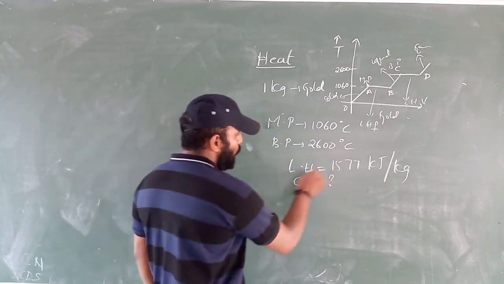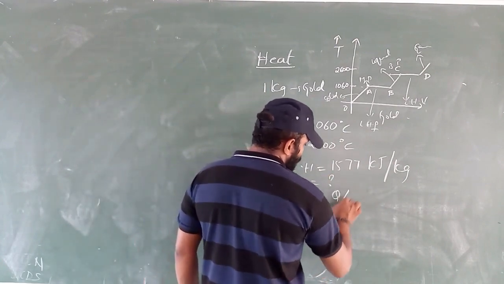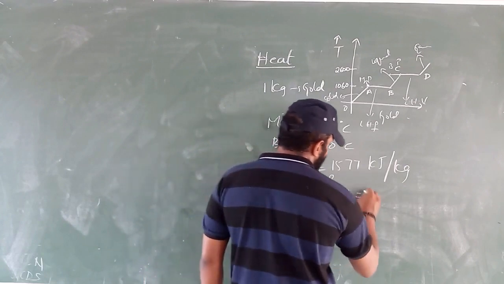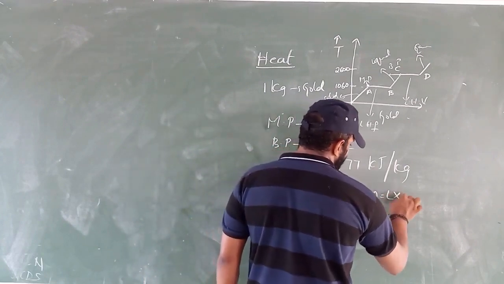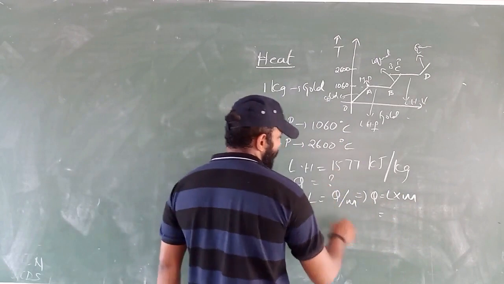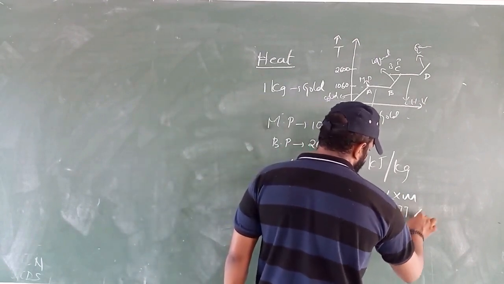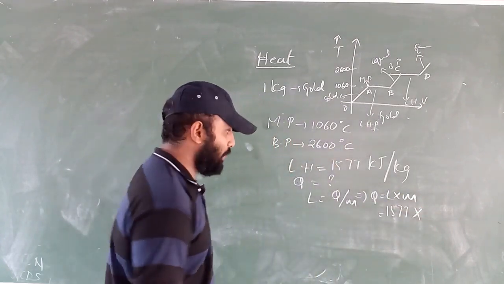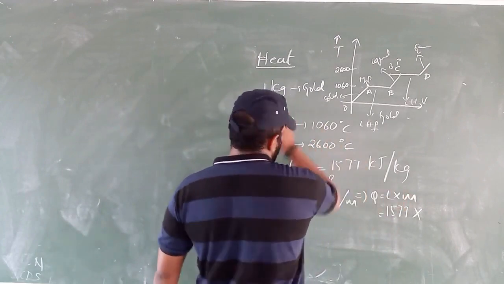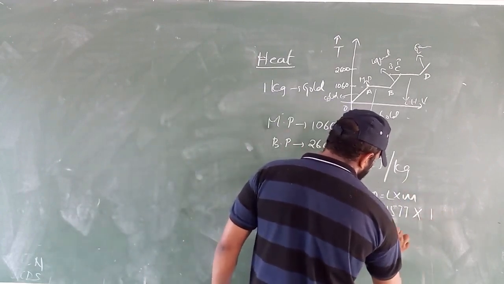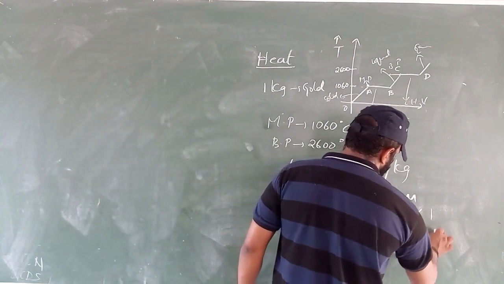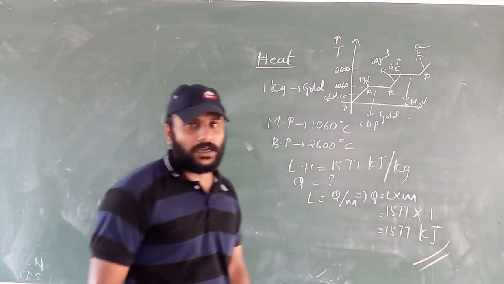We already know the formula for latent heat: L is equal to Q by M. So we can write Q is equal to L into M. The L value they have given is 1577, and the mass is 1 kg. So 1577 kilojoules of heat energy is required.